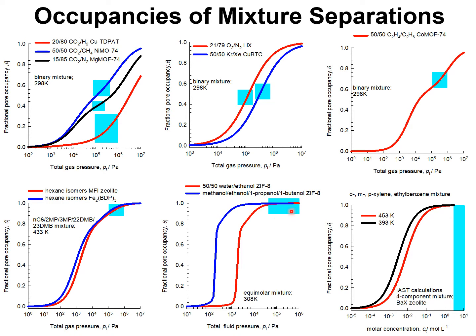For water ethanol mixture separations operating under ambient conditions, we could have pore occupancies close to saturation. For xylene separations using a barium X zeolite, for conditions used in industry, the bulk fluid phase is in the liquid phase and the pores are completely saturated.